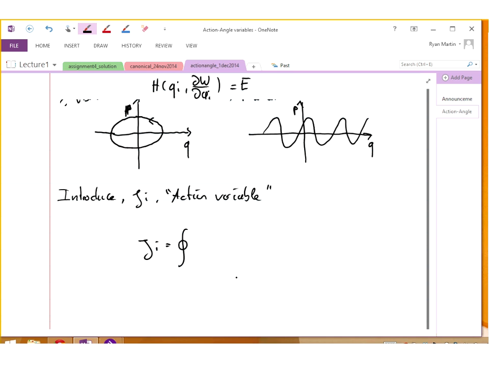And the integral is over one period of the motion. So these capital J_i we call the action variables, and we just introduce them as this integral.